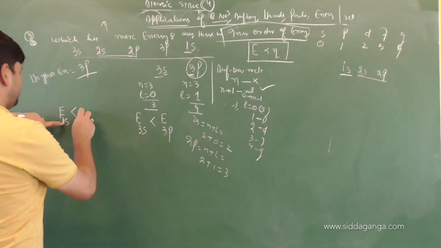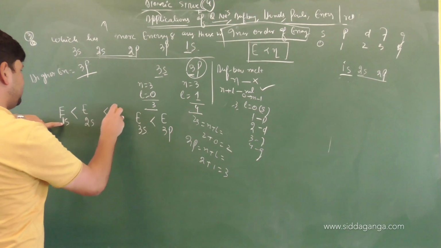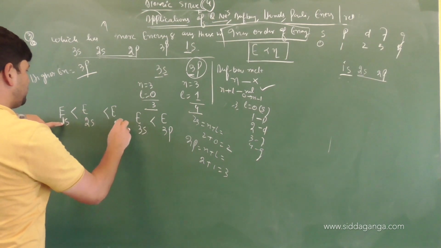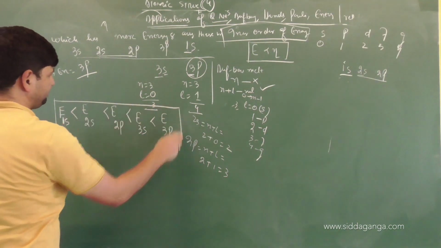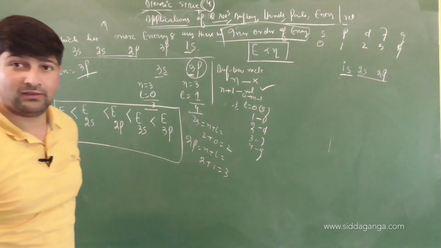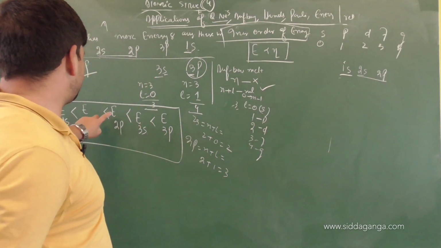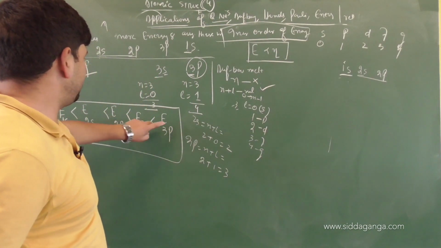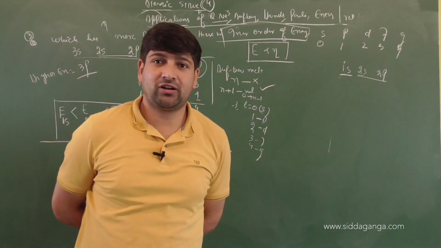So we can write down the energy of 2s is less than the energy of 2p, which is less than 3s, which is less than 3p. So according to the electronic configuration, 1s is less than 2s, less than 2p, less than 3s, less than 3p respectively. Am I clear, children?